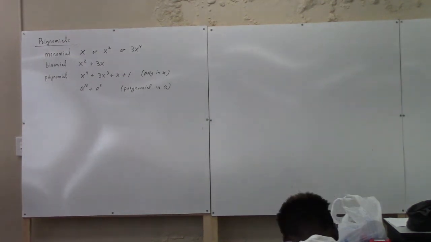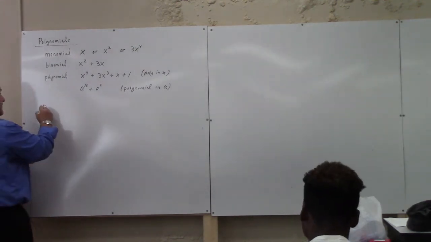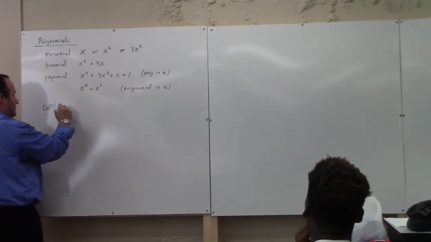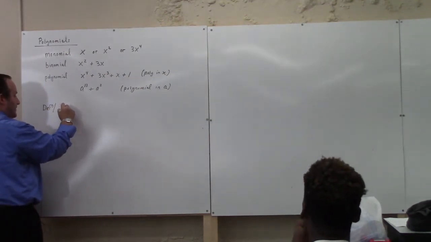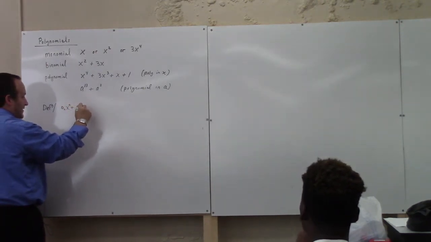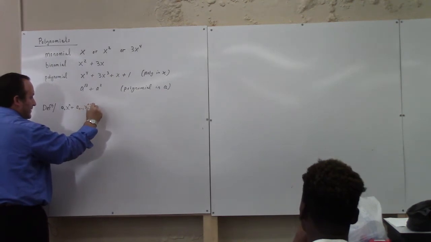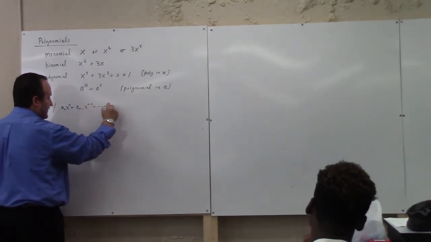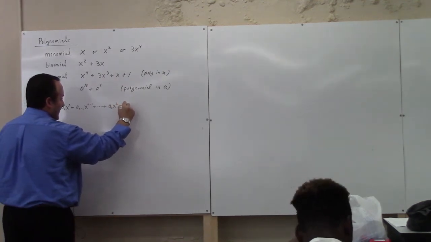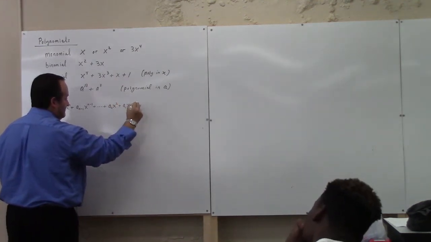So let me give you a little bit more formal definition, all right? Definition. a sub n x to the power n, plus a sub n minus 1 x to the power n minus 1, plus dot dot dot, plus a sub 2 x squared, plus a sub 1 x, plus a sub 0.